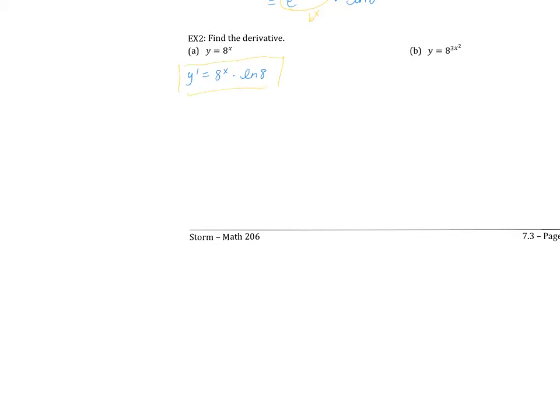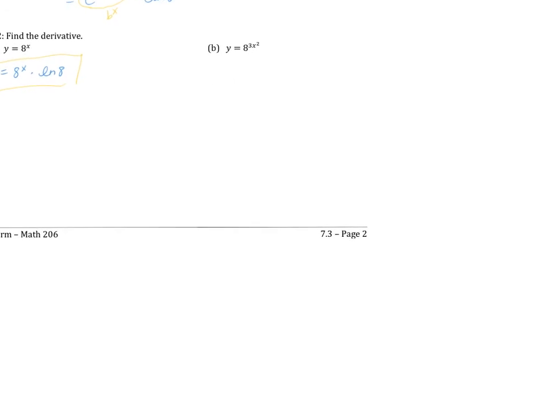So let's try something a little more challenging. This is going to involve the chain rule. When we look at example B, the derivative is equal to, stays the same, times the natural log of the base. Then it's going to be times the derivative with respect to x of 3x squared.